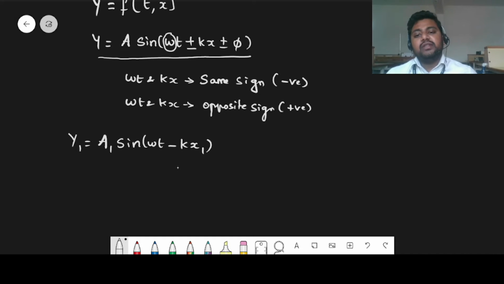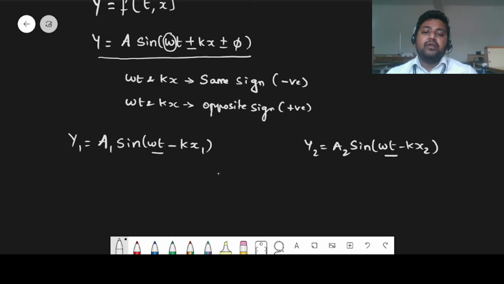It is not necessary that the distance traveled by both waves is the same; they can be meeting at different positions. y2 can be written as a2 sin(omega t minus k x2). Here we are taking coherent sources, coherent in the sense that there is no change in frequency, no change in time period, and no phase difference because of time period. I hope you understood this.